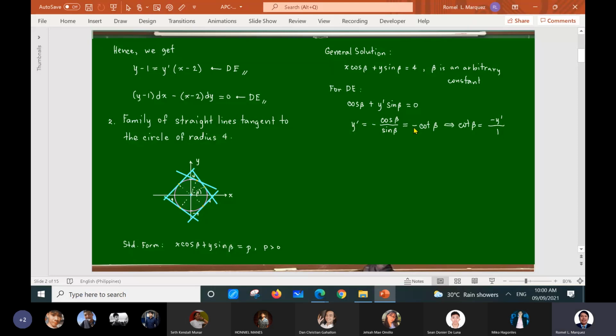I just multiplied it by negative and then expressed cotangent in terms of a ratio, so that from the general solution we can remove cosine beta and sine beta. How? From this cotangent beta, I can draw a right triangle with the following parts.